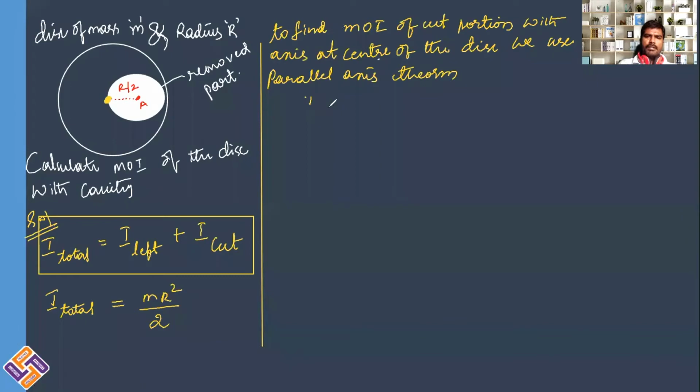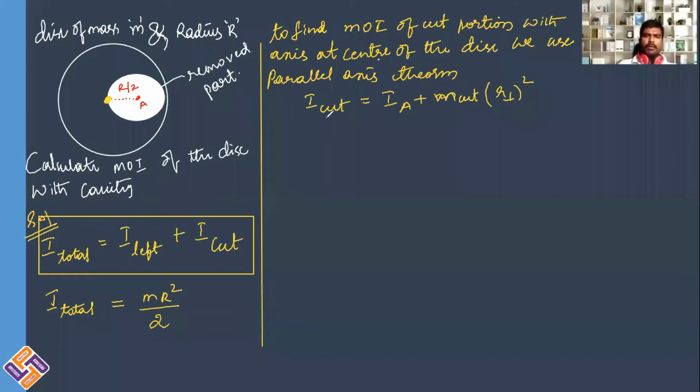That is, moment of inertia of the cut portion is equal to moment of inertia with respect to axis A, plus mass of the cut portion into r perpendicular whole square. Now I want to calculate first the mass of the cut portion. We know the surface mass density sigma is equal to total mass divided by area of cross section.